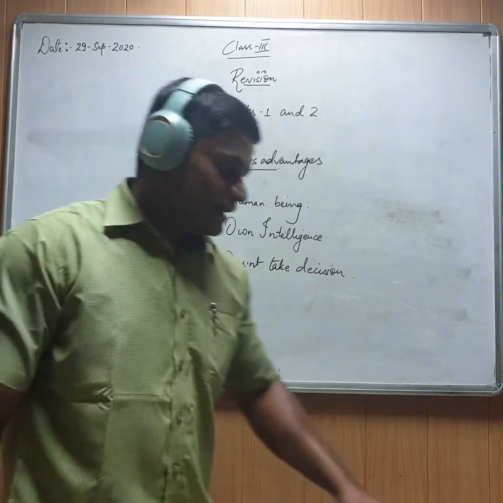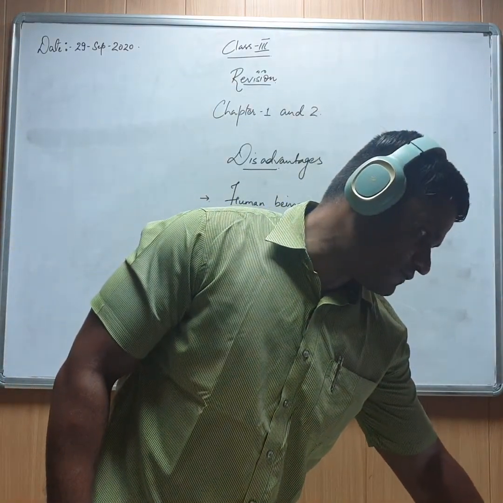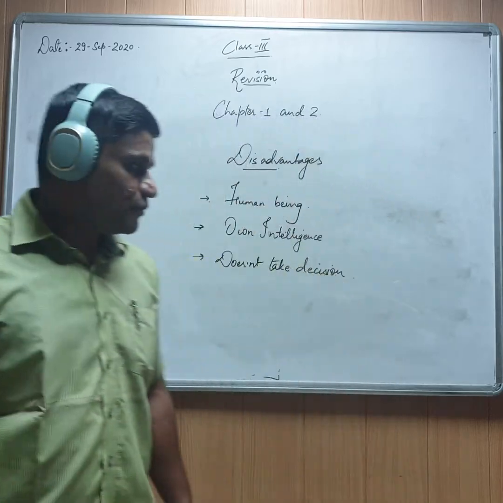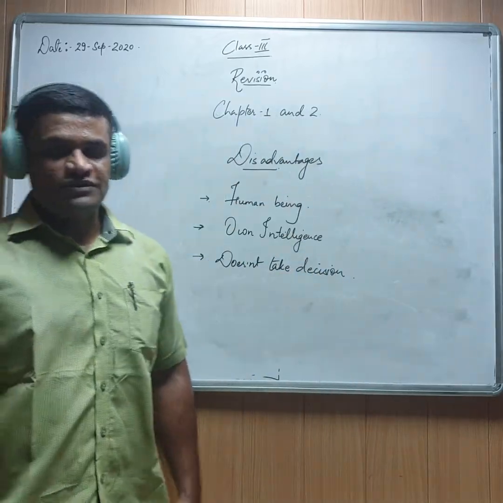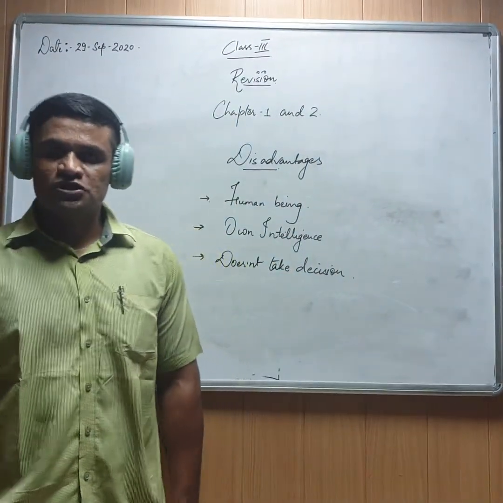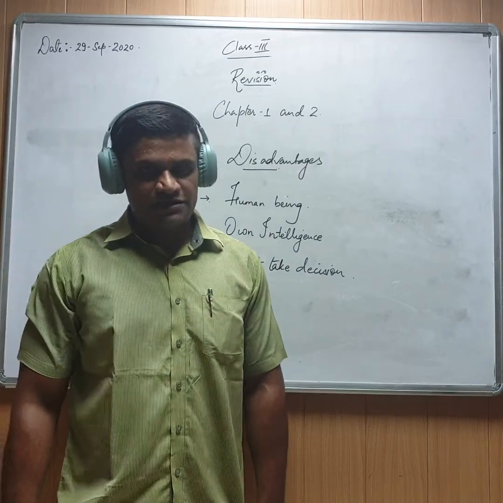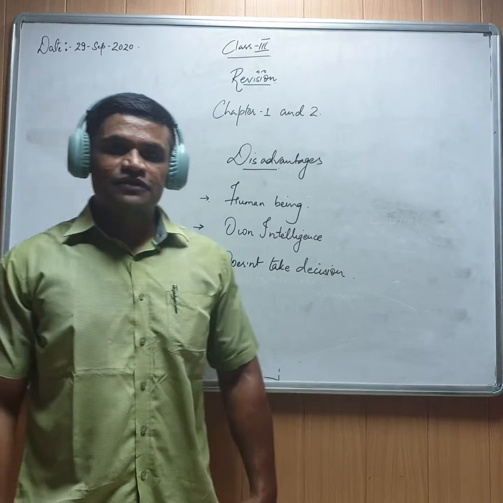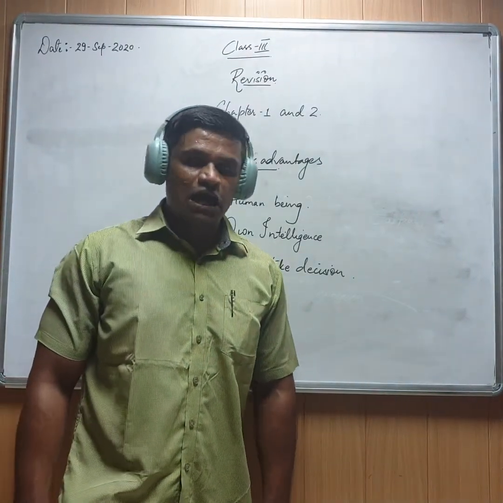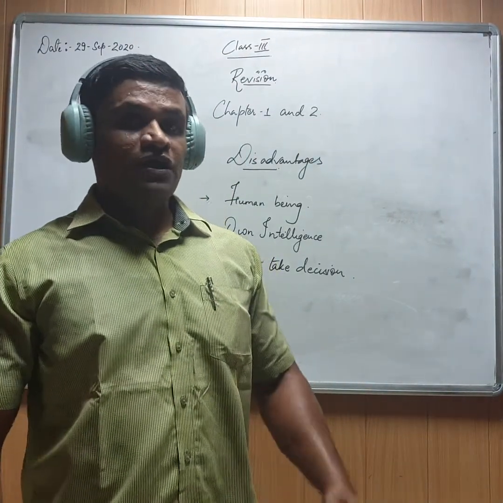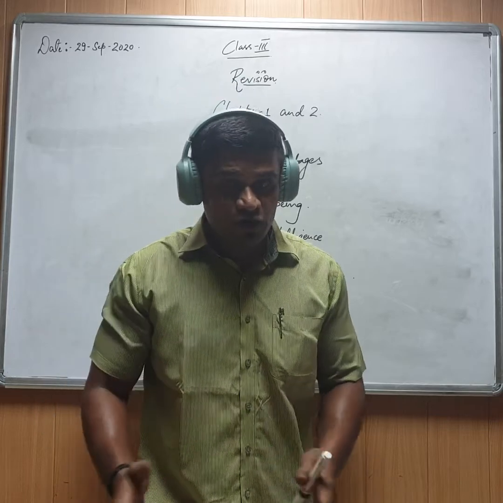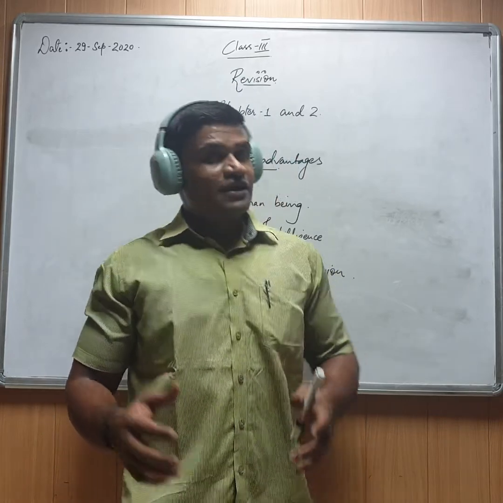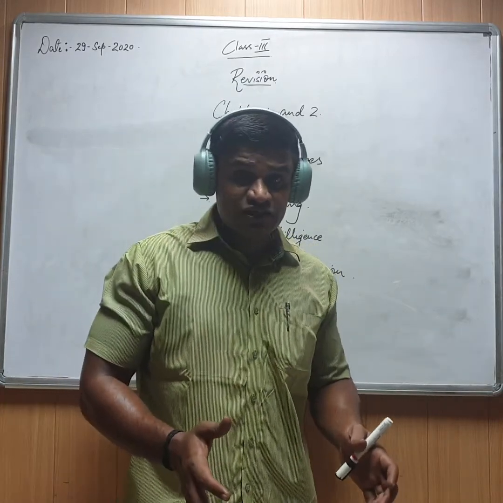So these are some of the disadvantages of the computer. First of all, it's not like a human being, it doesn't have emotions or feelings like we as human beings have. Secondly, it doesn't have its own intelligence. It can't do work on its own. Did your computer automatically start on its own? Did it automatically shut down?